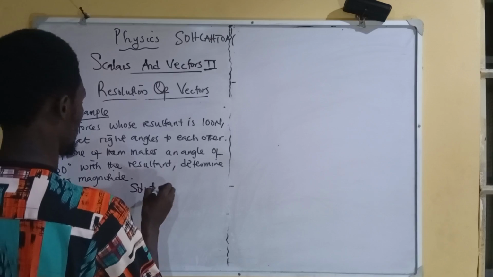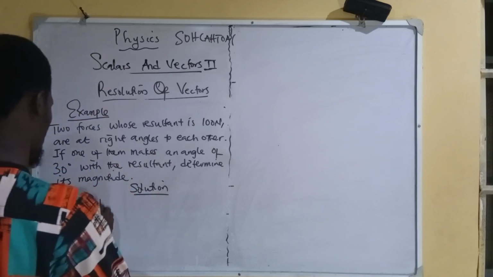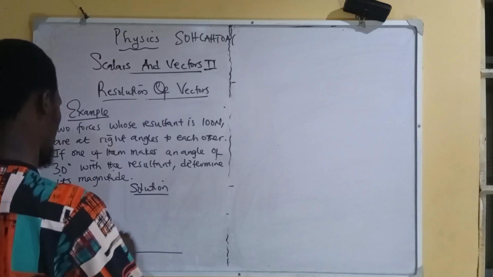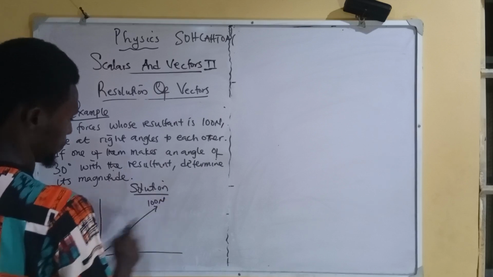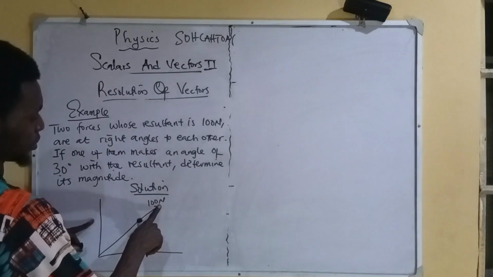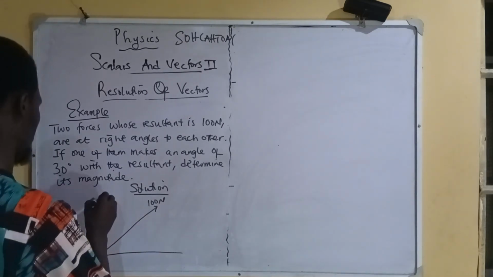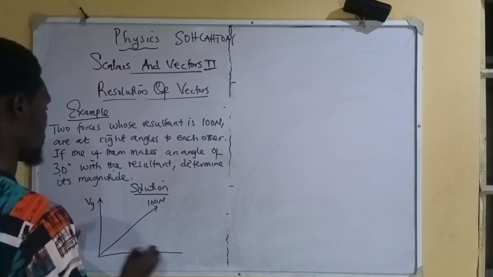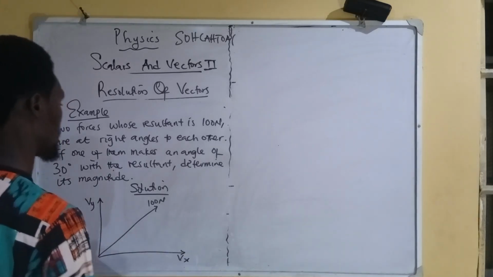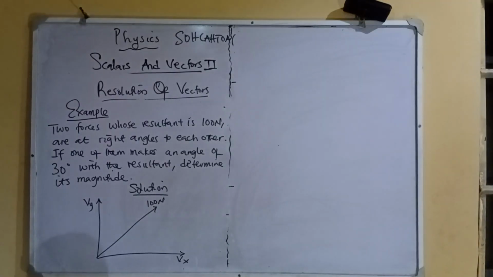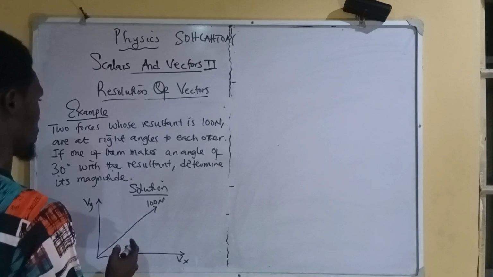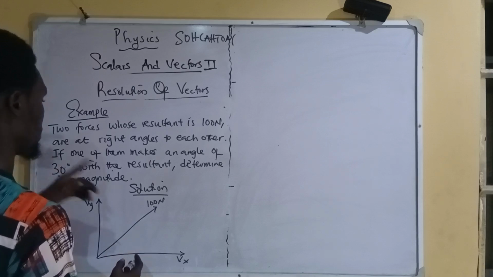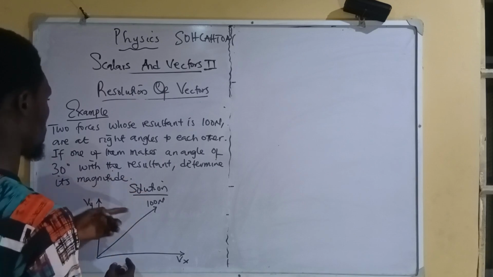It's very, very simple. So what we do here is we have two perpendicular vectors whose resultant magnitude is 100 Newton, and this is the vertical component, and this is the horizontal component of the two vectors. What they are asking here is if any of these two vectors makes 30 degrees with the resultant, what will be the magnitude?